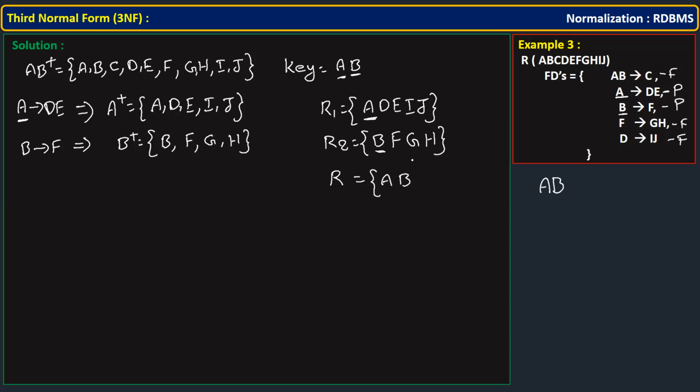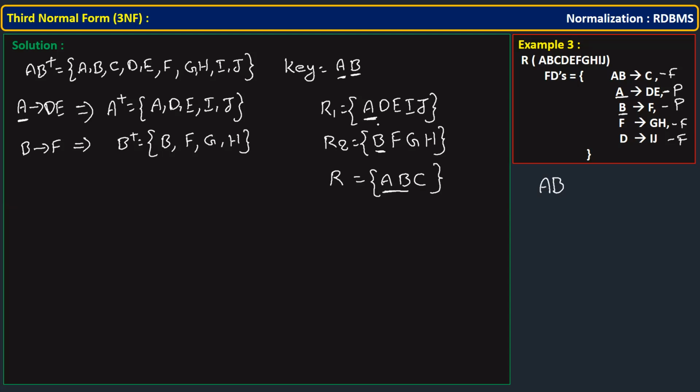Find the attributes which are not covered in any of these two relations. A, B, C is not covered anywhere. D covered, E, F, G, H, I, J. So here, this is the primary key.